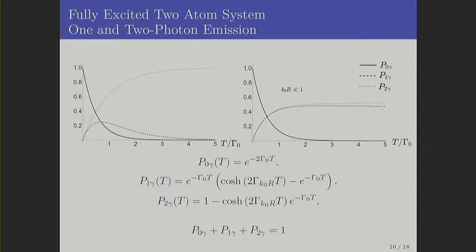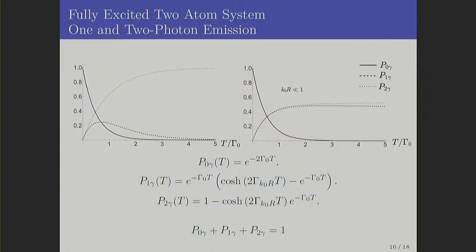And we find the following result. We can compute the probability of not emitting, of emitting one photon or two photons. And we find the following: if we have, on the left side, two atoms separately, asymptotically we reach that the probability of emitting two photons is 1. And in short times, we have a maximum probability of emitting one photon. But if we put the atoms very close together, we find that the probability of emitting one photon, R2, tends to 1/2.